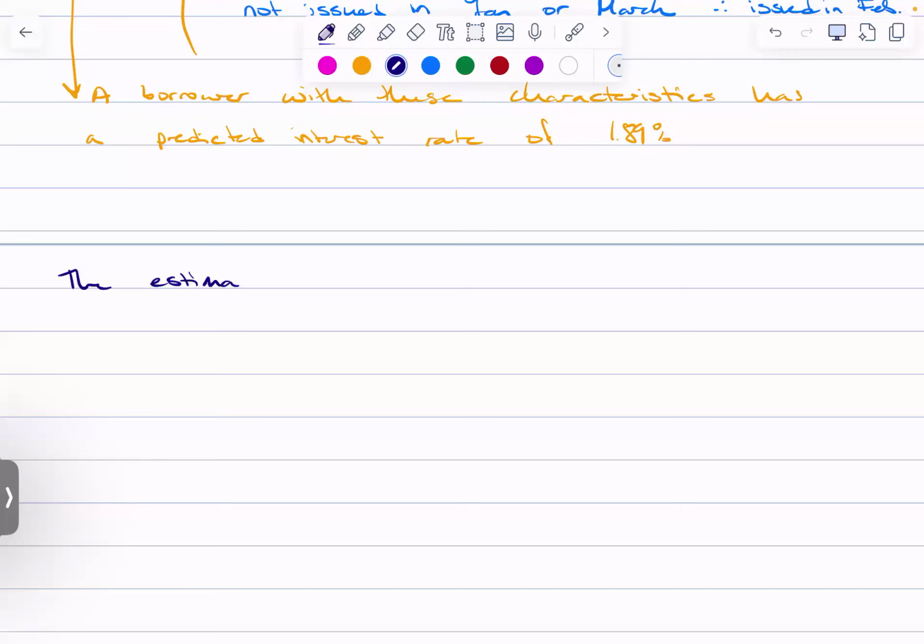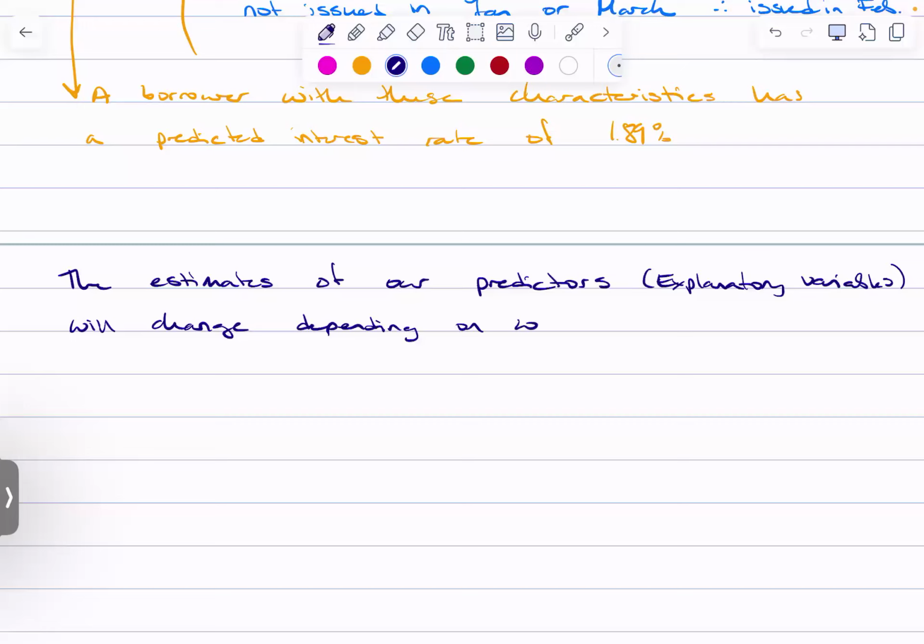The estimates of our predictors, so the explanatory variables, will change depending on what other variables are incorporated in the model.